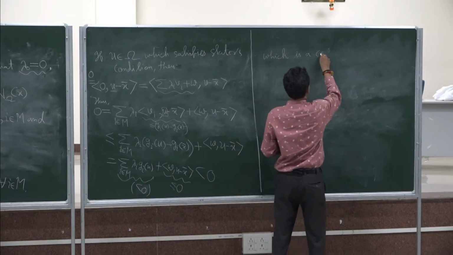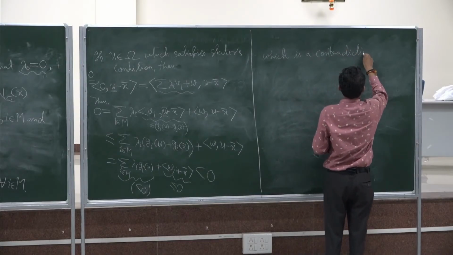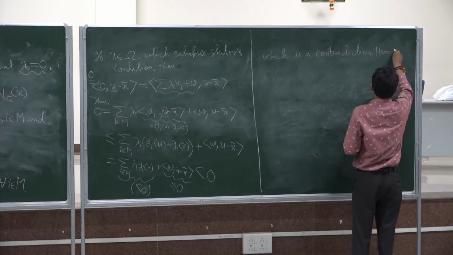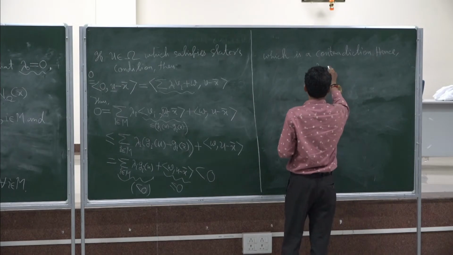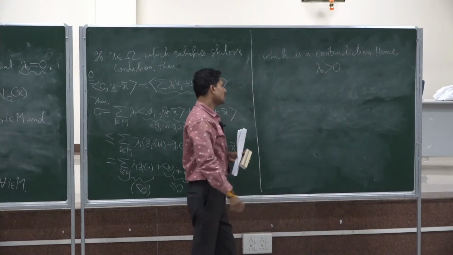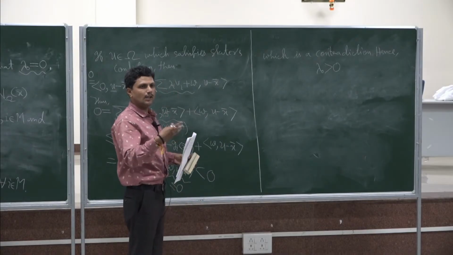Which is a contradiction. And due to this contradiction, we have this lambda naught is greater than 0, because it is greater than or equal to 0, but it cannot be equal to 0. Now we can rearrange, right?